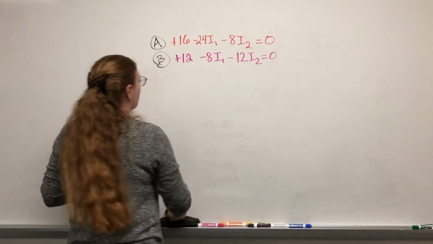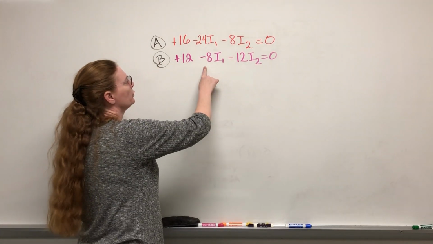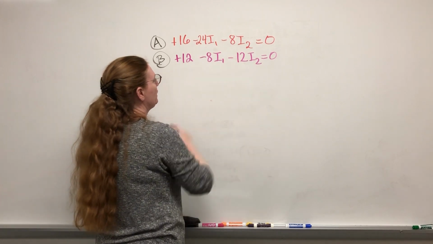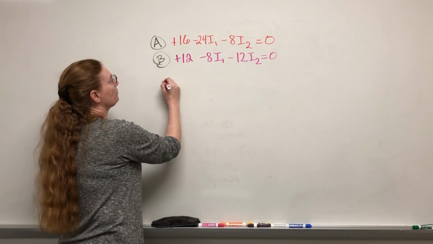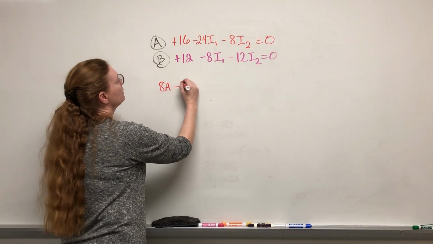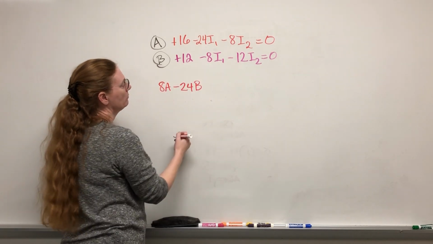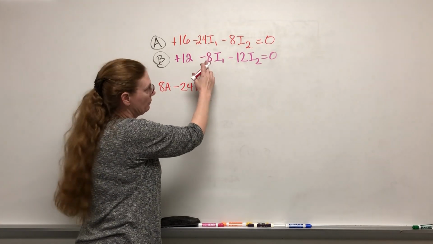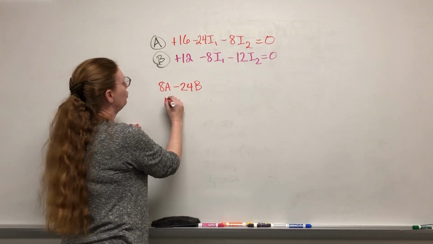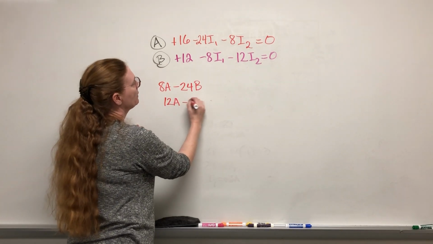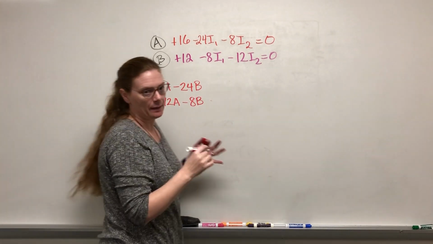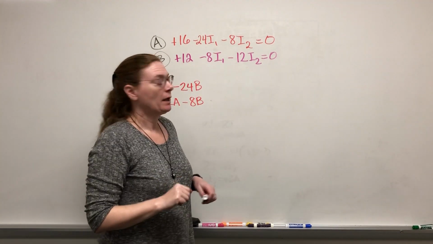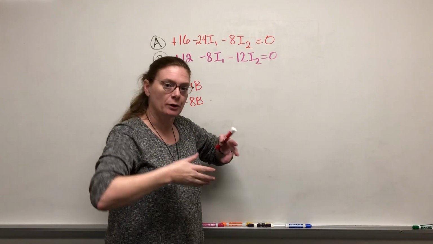You don't have to stop and say, how many 8s are in 24? What's the common one between these? You can always do 8A minus 24B. That'll always work, because 24 times 8 and 8 times 24 are the same thing. Or you could do 12A minus 8B, same thing. And so that's always an option. Just flip those numbers, and it'll pop that term out to 0.